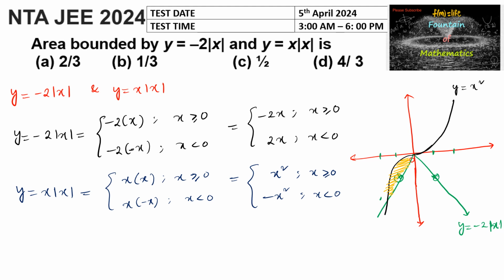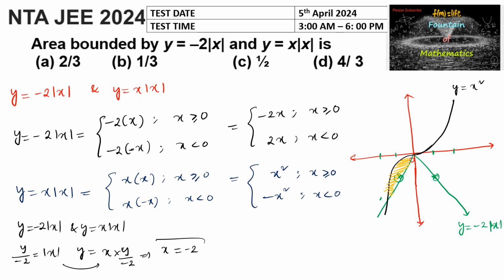So to get the point of intersection, let's solve it. Solving y equals minus 2 mod x and y equals x mod x. So we can write y upon negative 2 is equal to mod x. Substitute here x into y upon minus 2, which implies x is equal to negative 2.